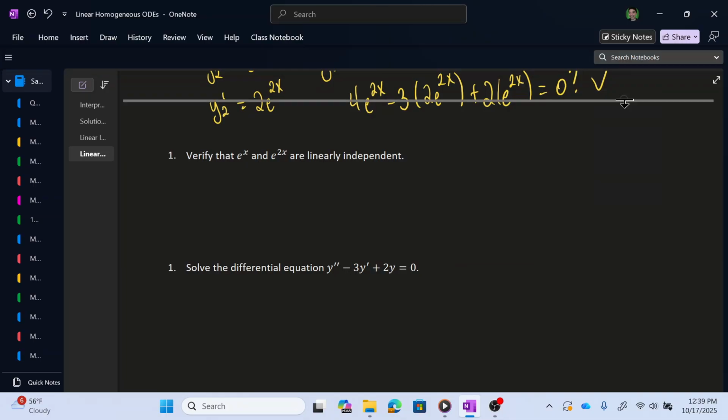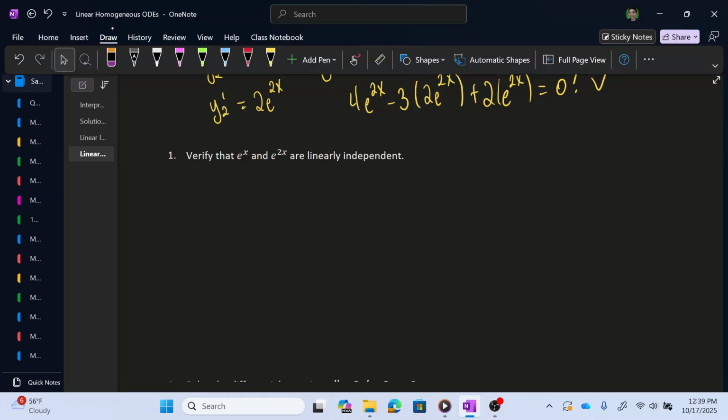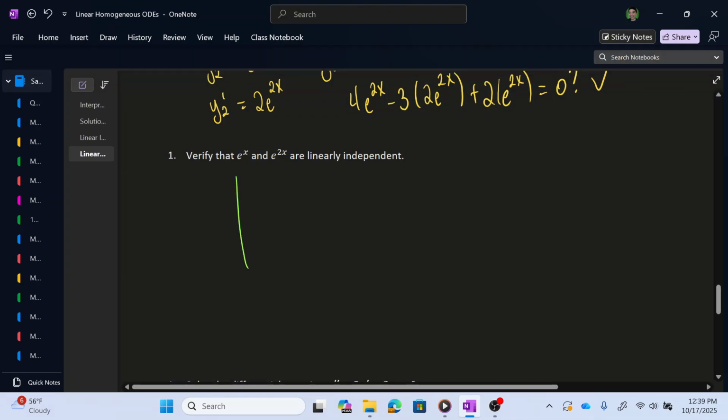Let's confirm that none of these functions is redundant of the other. Let's confirm that e to the x and e to the 2x are linearly independent. So I can use the Wronskian to do that. Fill up the matrix with the original functions and their first derivatives.